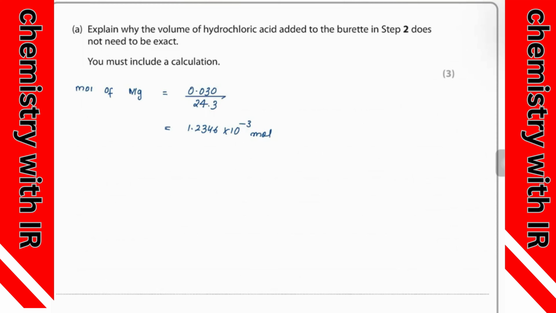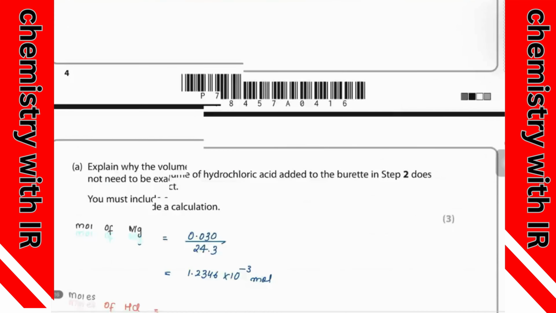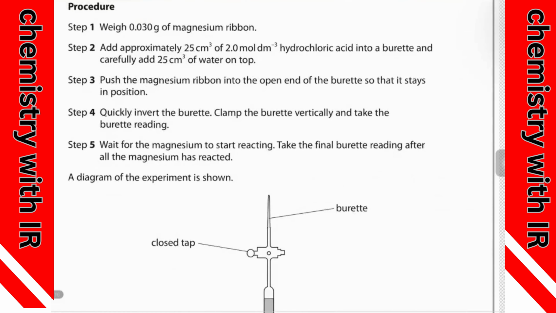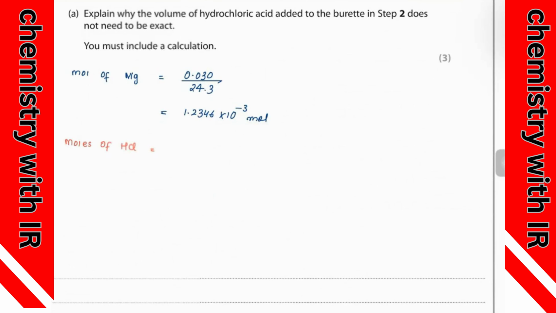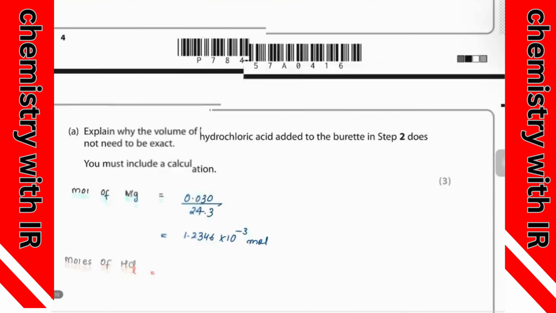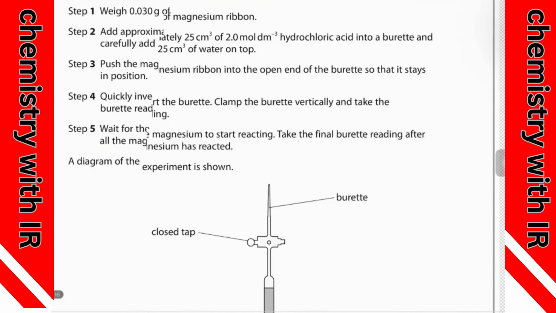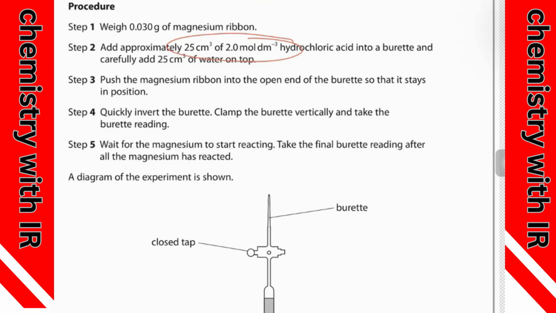Okay. Then I'm going to find out the moles of HCl. According to this equation, 1 mole of magnesium requires 2 mole of HCl. But how many moles do I have? So I'm going to use the values of HCl. Volume and concentration both are given.